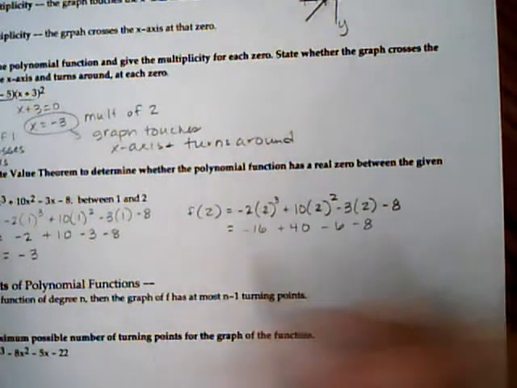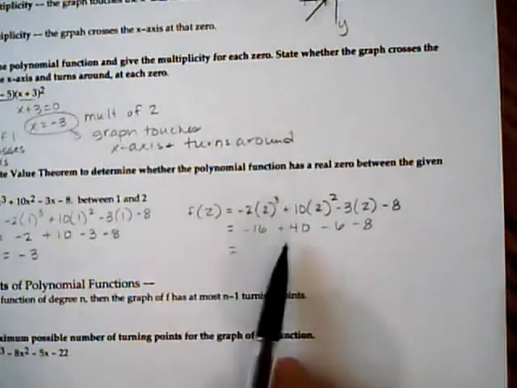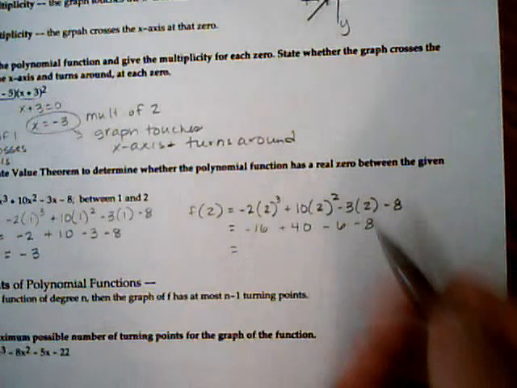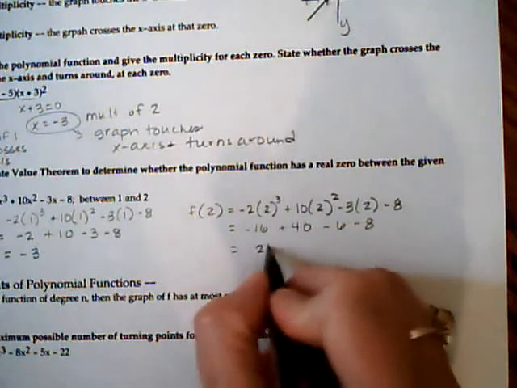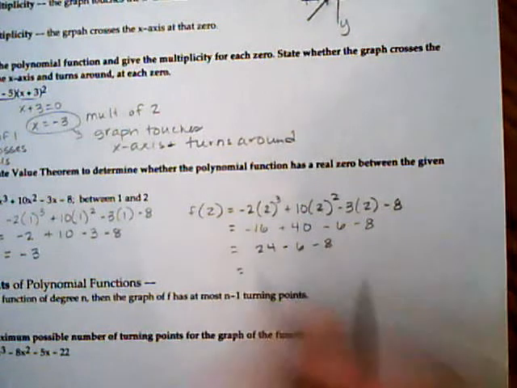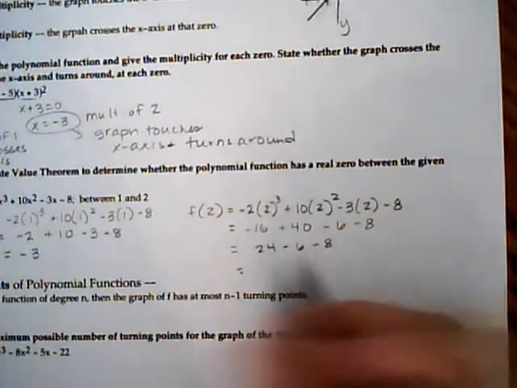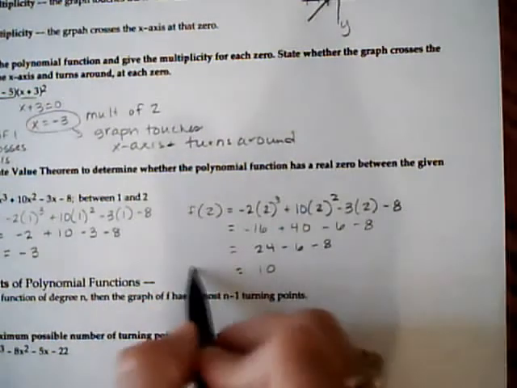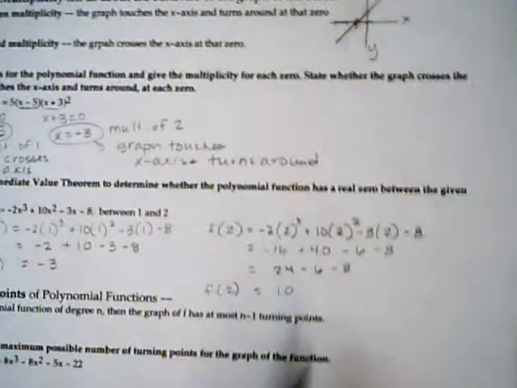Minus 6 minus 8. So I would get -16 plus 40 would be 24, minus 6 minus 8. So this would be +10. Okay, so f at 2 is +10.